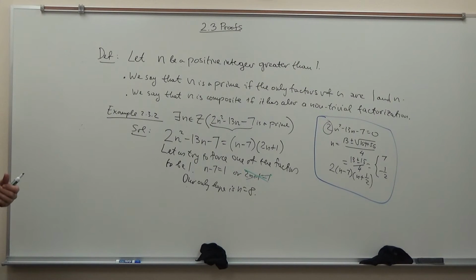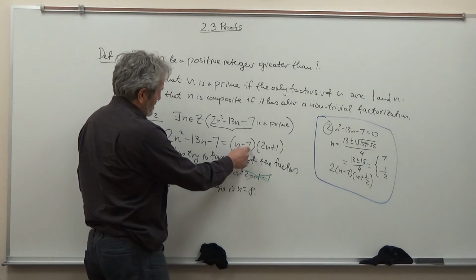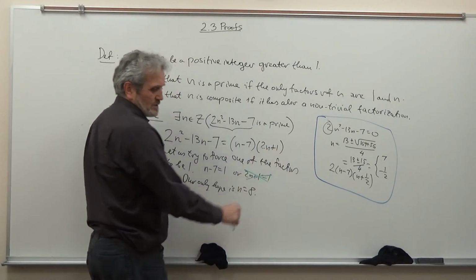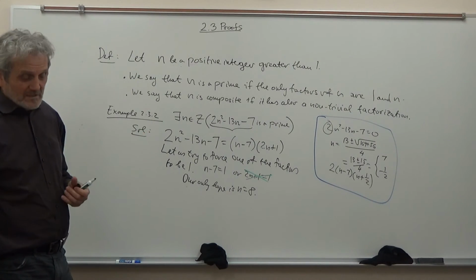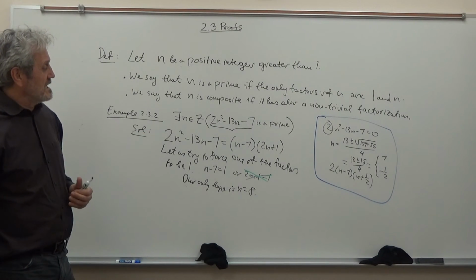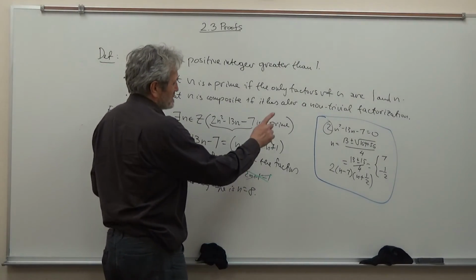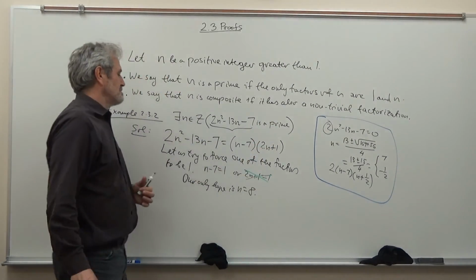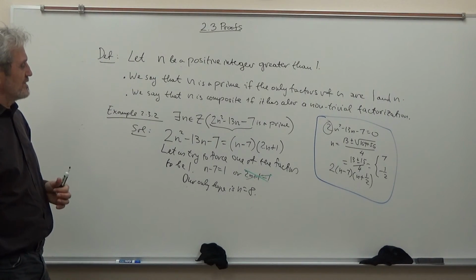Why am I saying it's our only hope? Because yes, you made this factor 1, but nothing guarantees that the second one might not be a composite number on its own. So we'll see. But what we wanted to say is that nothing else but 8 would work, because whatever else you try, you will get either a negative number or something that has a non-trivial factorization.